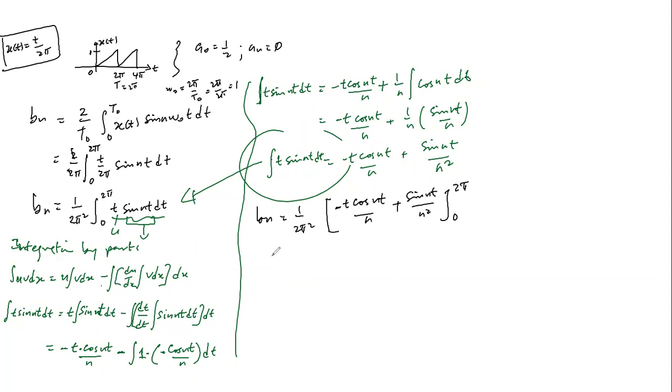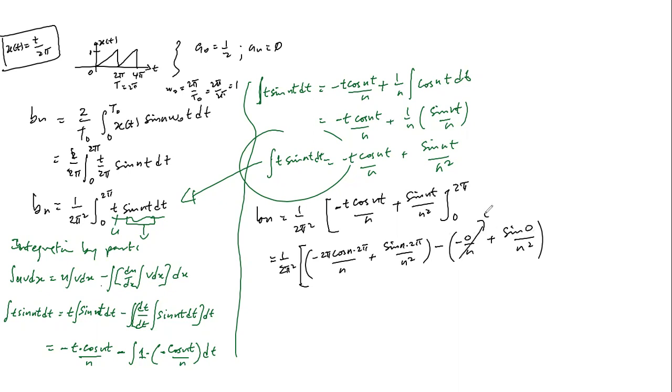So this will be the same as 1 over 2 pi squared into bracket: that's minus 2 pi cos n dot 2 pi over n plus sine n dot 2 pi over n squared, minus 0 times this will be minus 0 divided by n plus sine 0 divided by n squared.